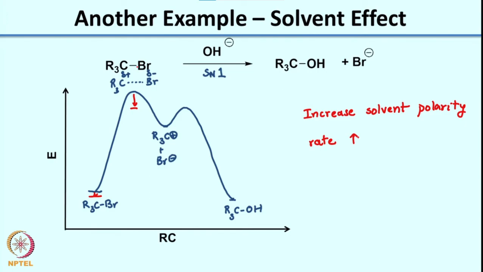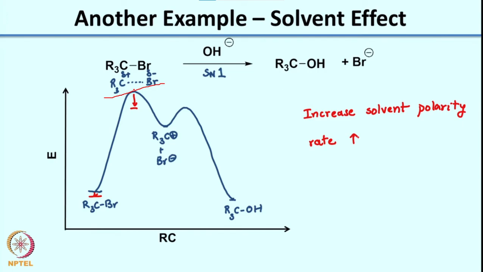The reactant is an uncharged species. There is no charge on the reactant. While talking about the intermediate, we have a carbocation, that is a charged species, right? So if you see the transition state, there is breaking of a bond and partial positive and negative charge is present. That is a dispersed charge species, our transition state.